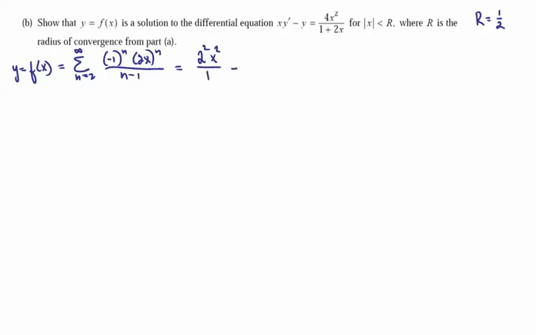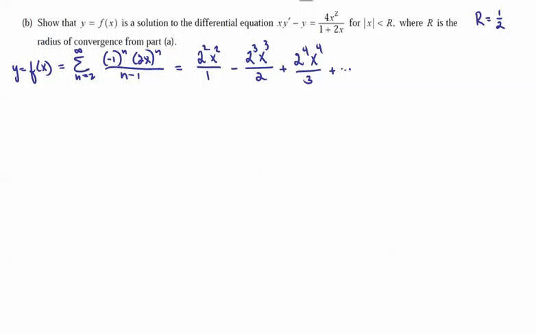The second term will be negative 2 to the third x to the third over 2, plus 2 to the fourth x to the fourth over 3, etc. And it will be alternating there.